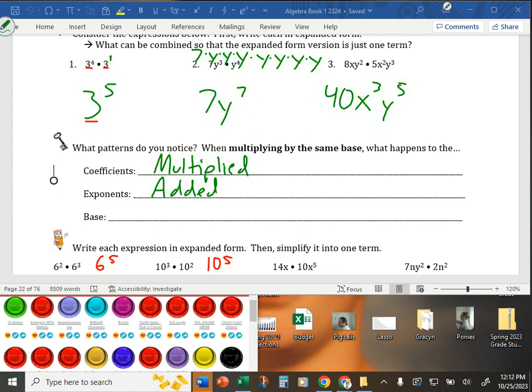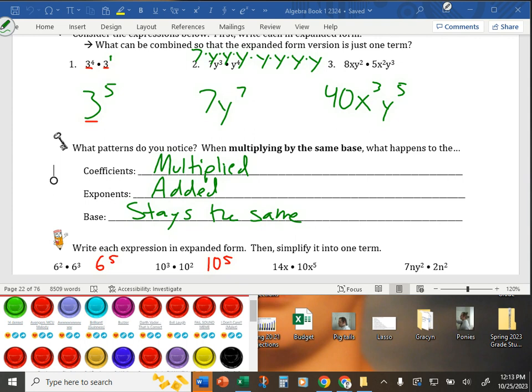Did anything change when we had a base of 3 and our final answer had a base of 3? Did anything change when we had a base of 6, our final answer had a base of 6? Did anything change with our 10s here? No. The bases stay the same.